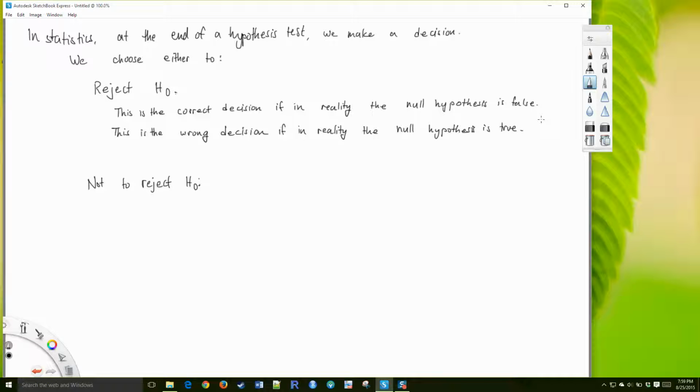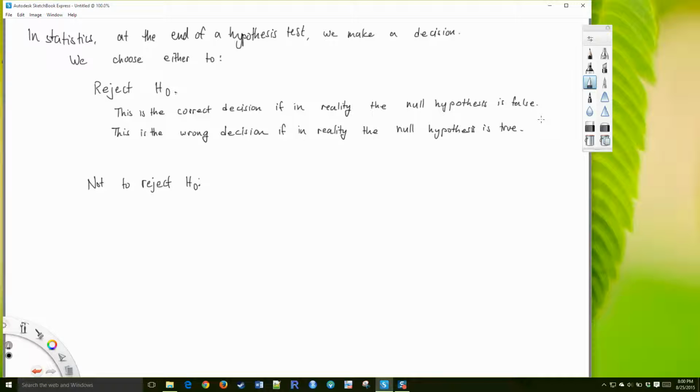When at the end of our hypothesis test, because we're making a conclusion based on limited data, okay? Just like you're in the parking lot, you are making a decision based on limited data. You don't know if there's any open spots, and you're just kind of saying, well, based on what I've seen, I think this is the best available spot, or there might be a better available spot based on my life experience.